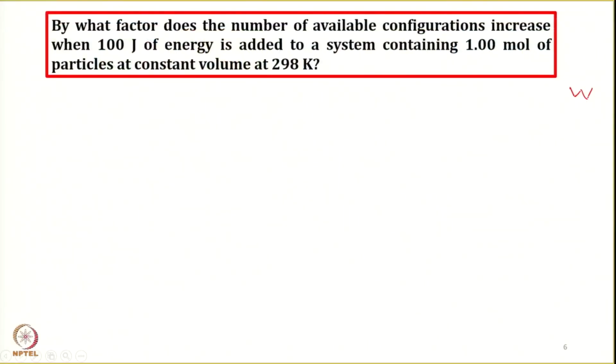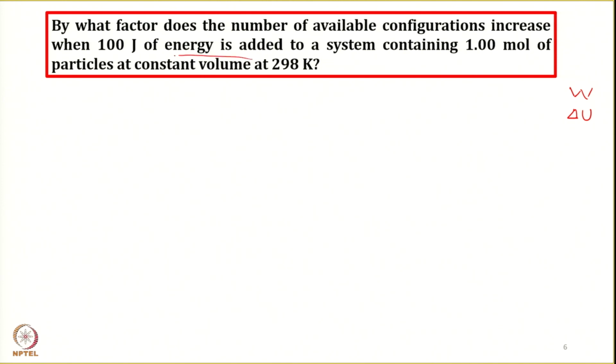So here they are talking about available configurations, they are talking about W, and they are talking about delta U, and we need to find out by what factor this W changes when you pump in 100 joules of energy into the system at a given temperature under constant volume conditions.